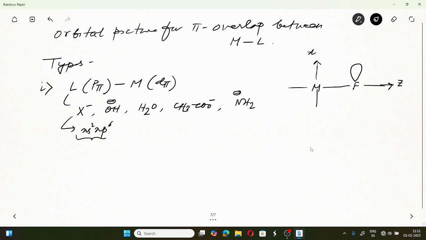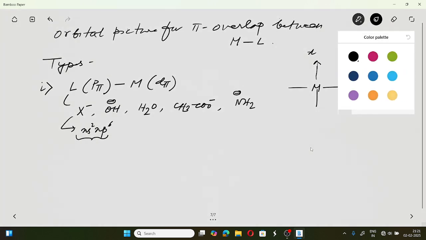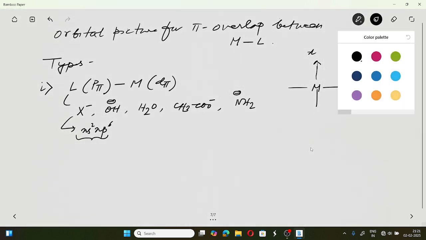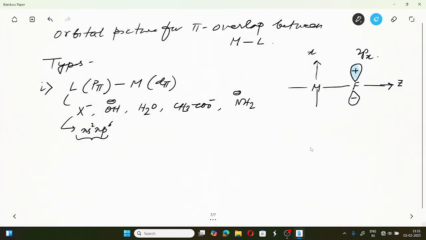So this p orbital is the 2px in this case, and it will be filled. So we can say that this 2px orbital is filled.